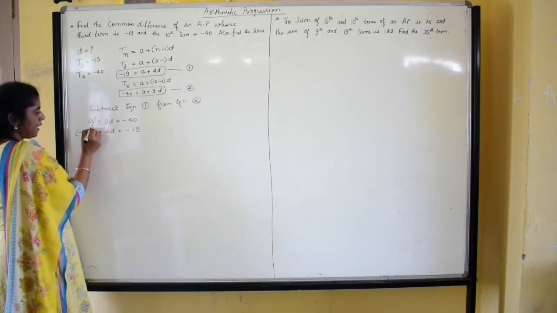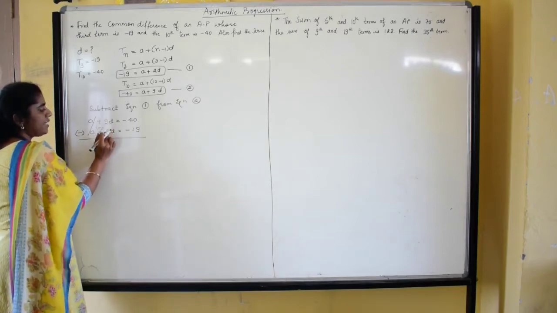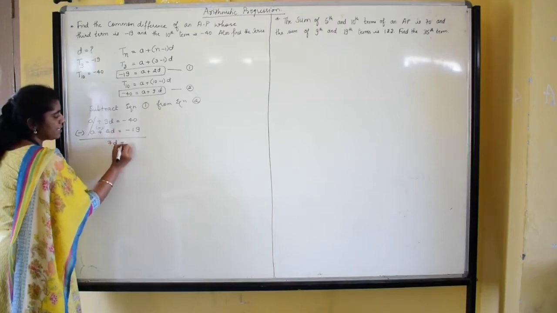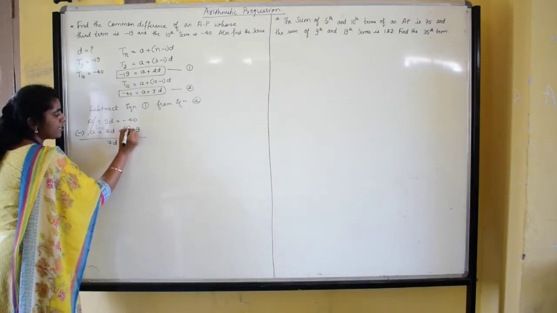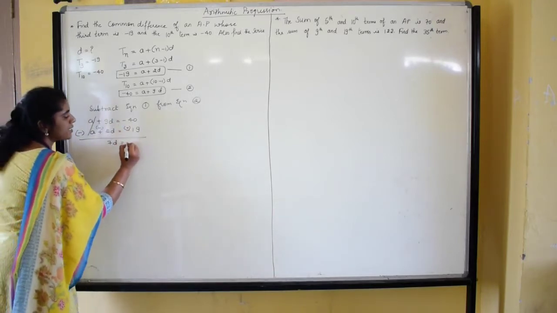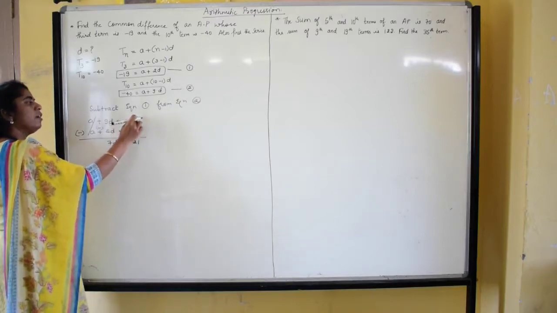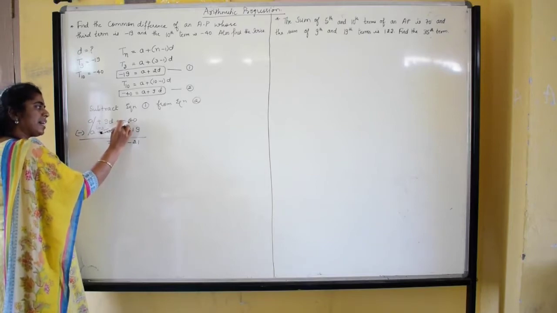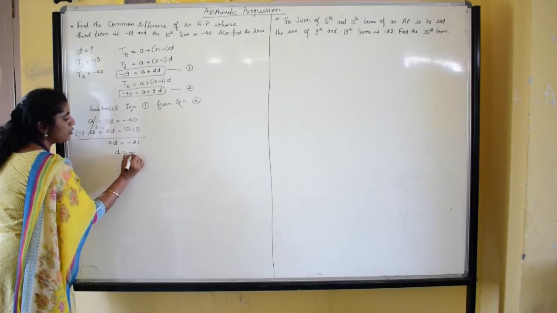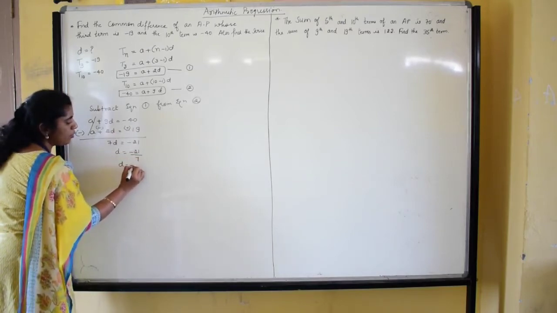So A minus A will get cancelled. Here 9 minus 2 gives 7D, is equal to minus 40 plus 19, because the minus becomes plus. 40 is the larger number and the sign of 40 is minus, so minus 21. So D is equal to minus 21 divided by 7. D is equal to minus 3.